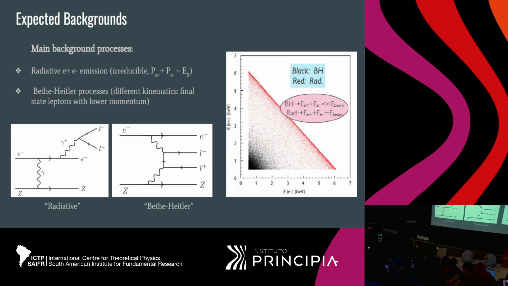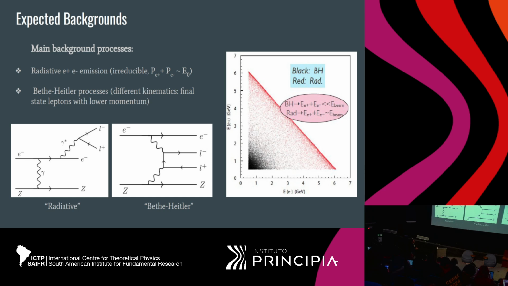But there is a difference between these two, because if you look at the distribution of the energy of the electron and positron produced by these two processes, you can see that the radiative process is distributed such that they take almost all the energy of the beam, because this is a sort of Bremsstrahlung, as in the case of the dark photon production.